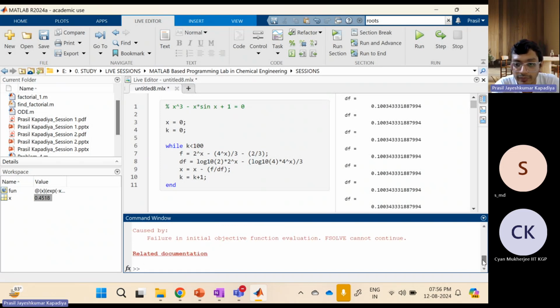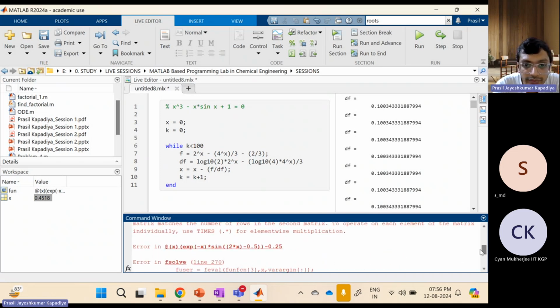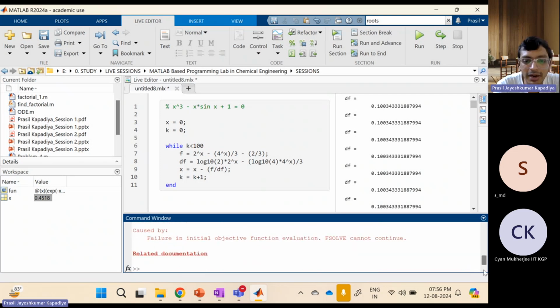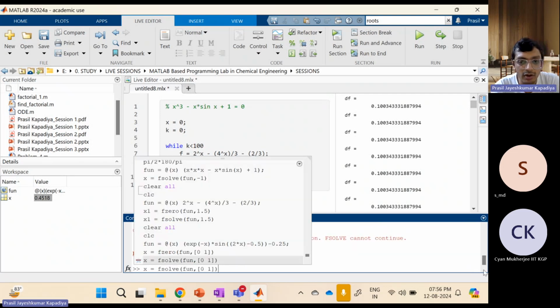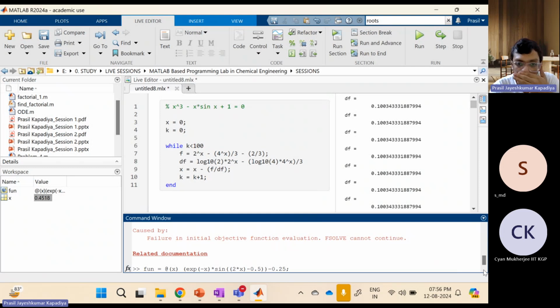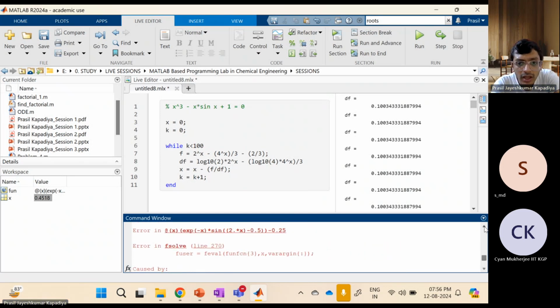Fsolve is not initiating. I don't know why. Yeah, okay, it's a matrix. So we need to write it down in terms of matrix. When we are dealing with matrix, we need to put this dot sign here, 2 dot x. I guess it will work now with fsolve. It didn't work either.